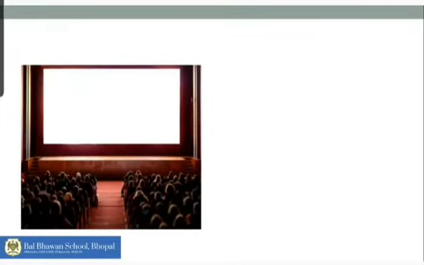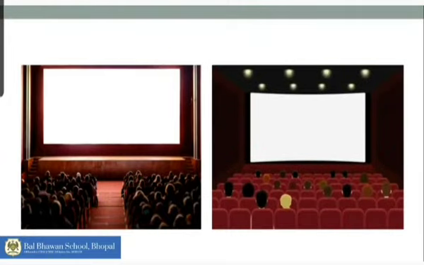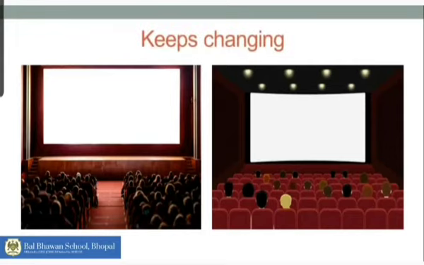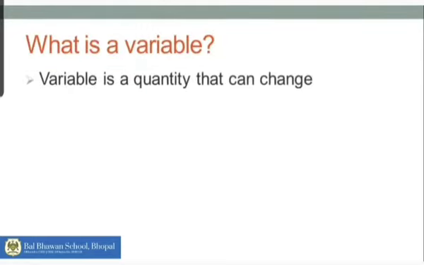In a movie theater, you can see the number of people watching the show every time varies. Many times there are more people and the show is houseful, whereas sometimes fewer people are there to watch the movie. So, what is a variable?